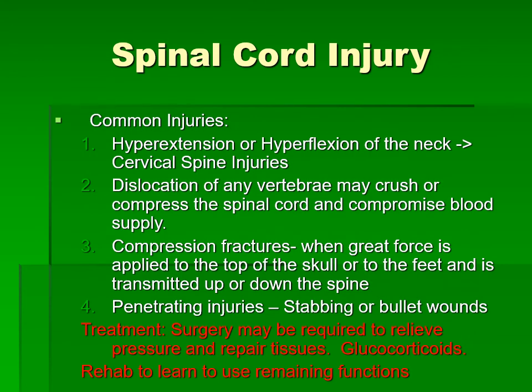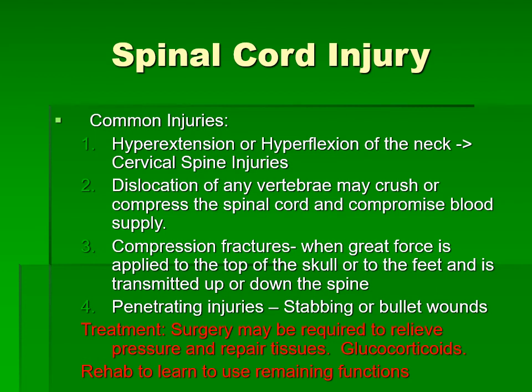Common injuries: hyperextension or hyperflexion of the neck. These lead to cervical spine injuries. Dislocation of any vertebrae may crush or compress the spinal cord and compromise blood supply. Compression fractures, when great force is applied to the top of the skull or to the feet and is transmitted up and down the spine.